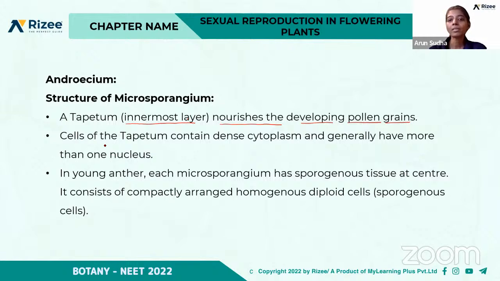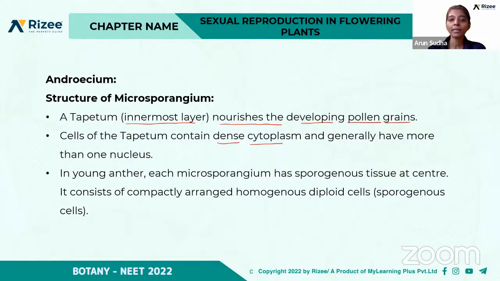The cells of the tapetum contain dense cytoplasm, so they have generally more than 1 nucleus. We'll see in detail about the type of tapetum that is present.